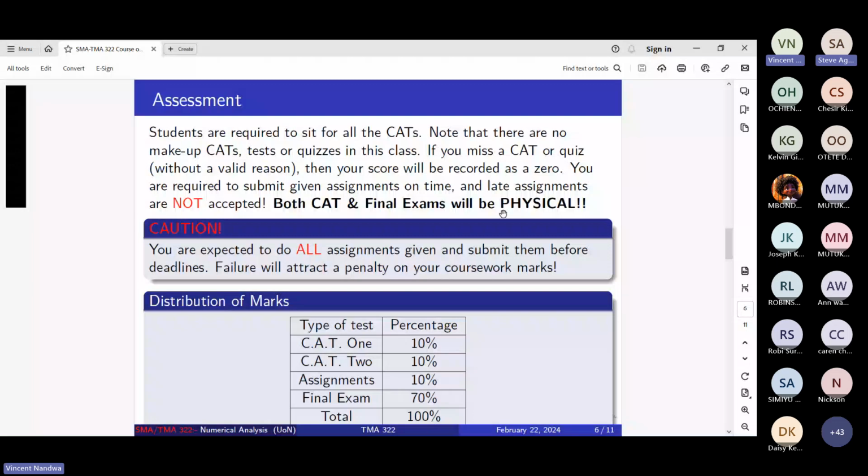So there are usually 2 cuts. Cut 1 is 10%, cut 2 is 10%. All the assignments will be converted to 10%. University of Nairobi still retains the total score for the final exam to be 70%. So when we add all those, we get 100%.